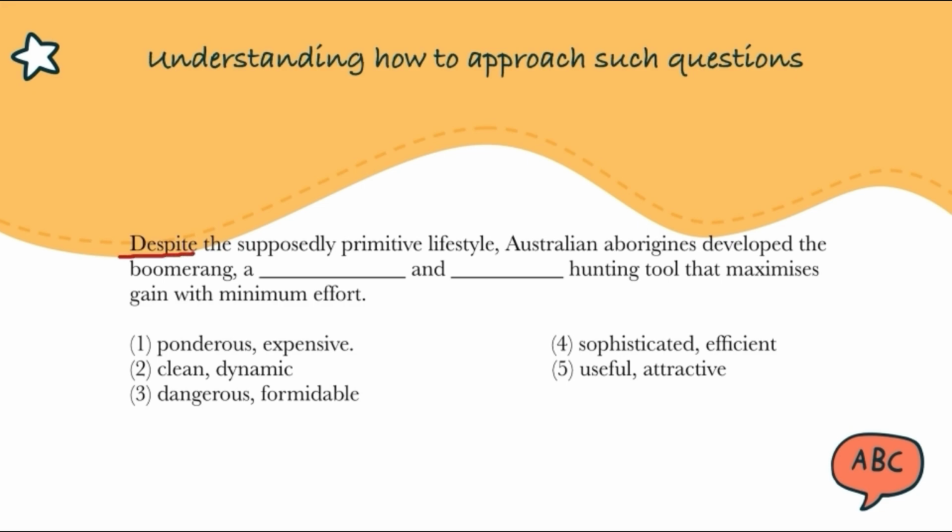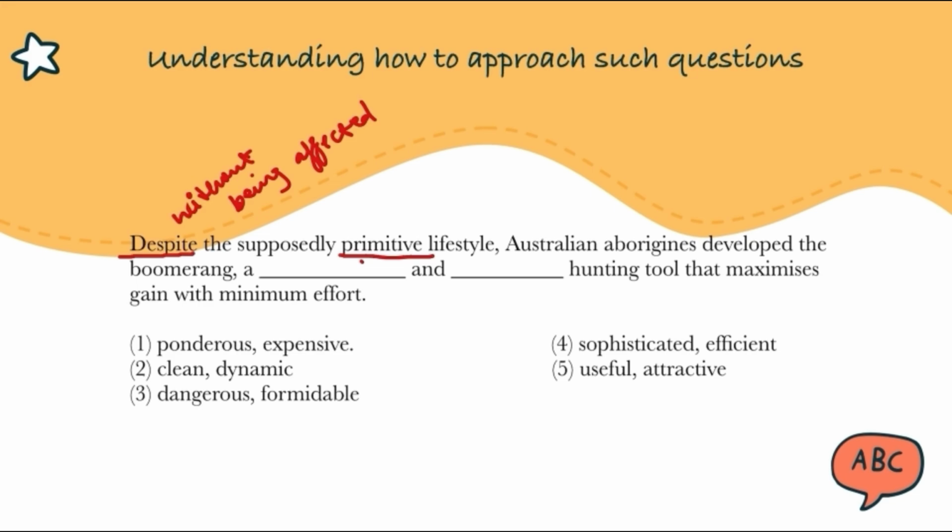The meaning of despite is without being affected, also used in the sense of in spite of, right? Like in spite of being young, she is very intelligent. So despite is also used in that sense. So it says despite supposedly primitive lifestyle. So primitive, what does this mean?